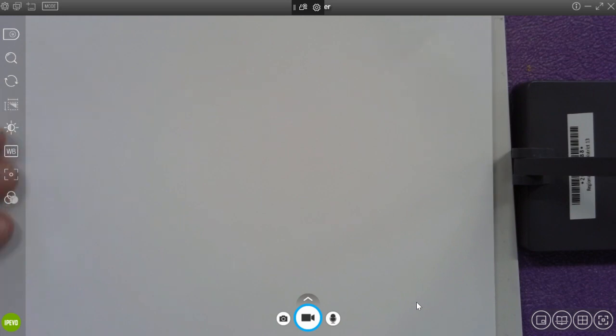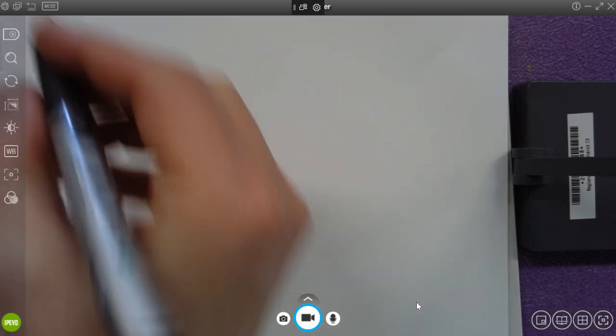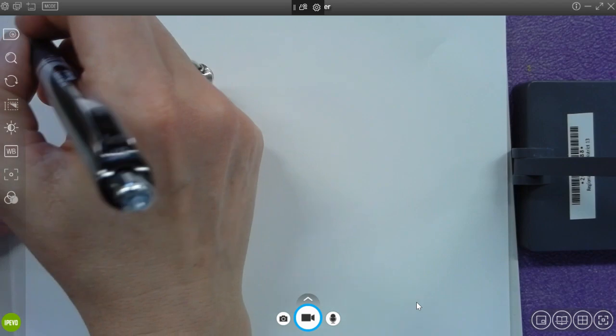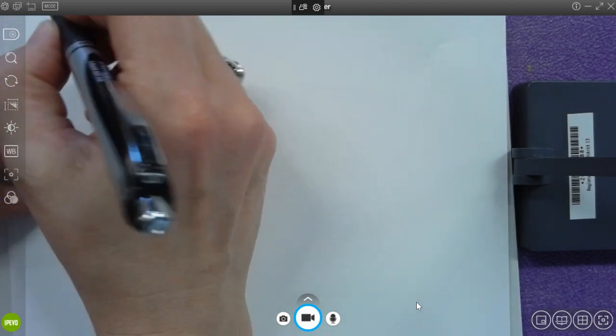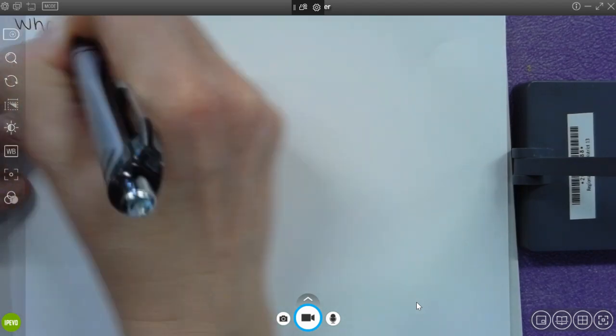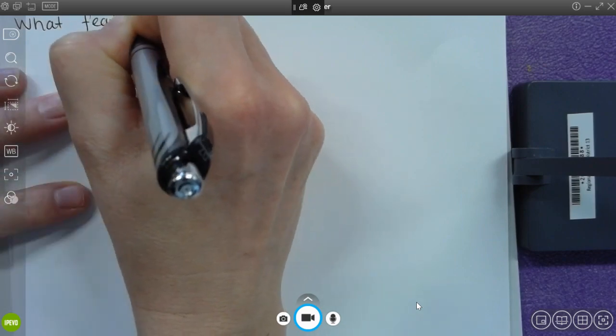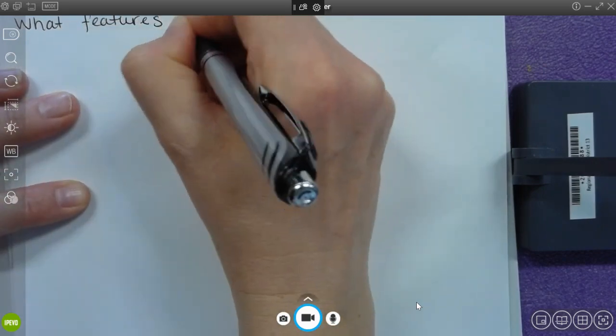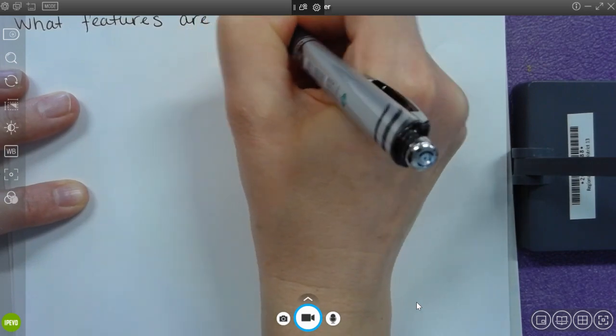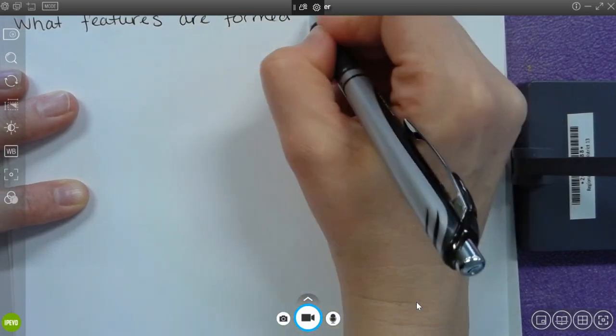All right, so on the next page, I'm starting a new page of notes because I filled up my other one. At the top, you're going to write our essential question for today, which is, what features are formed at different types of plate boundaries?